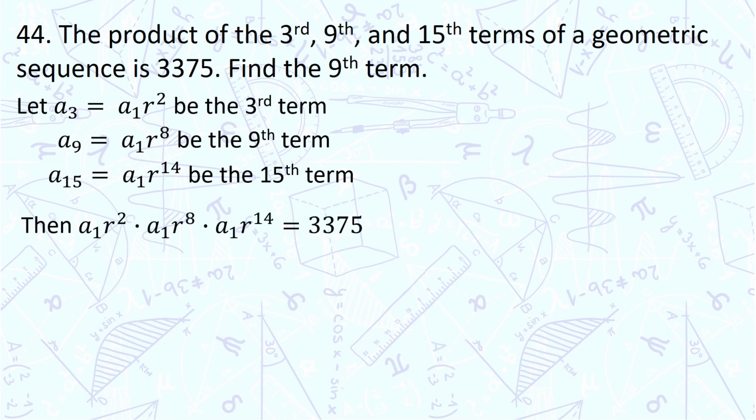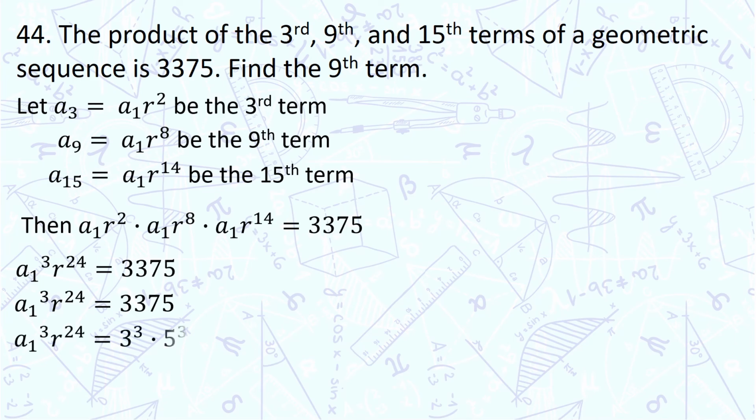We get the product as equal to 3,375. So we have a sub 1 cubed times r raised to 24, that is 2 plus 8 plus 14, equal to 3,375. 3,375 can be factored as 3 cubed times 5 cubed.